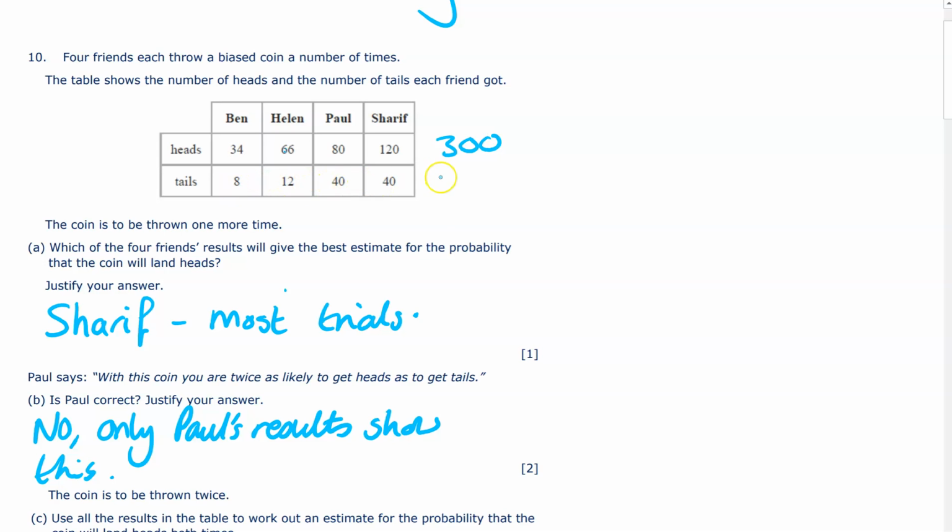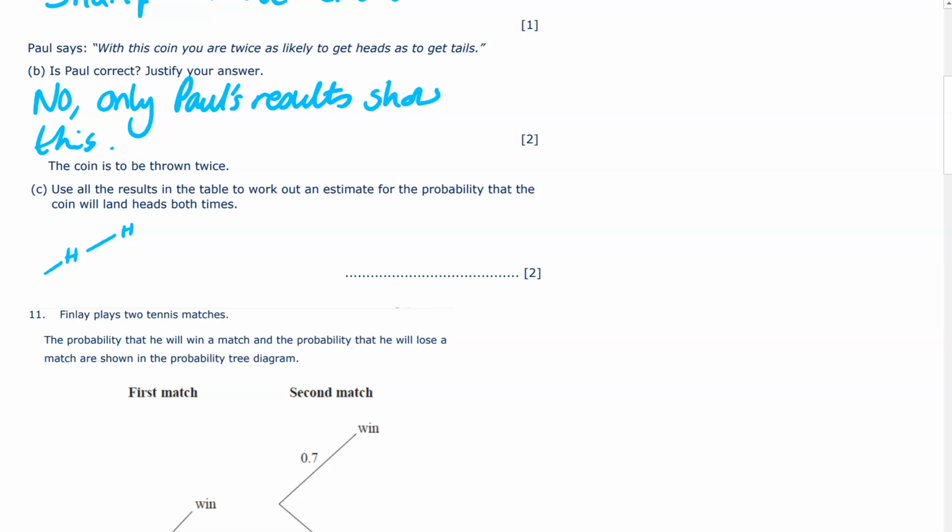And 20, 100 tails. So we did it 400 times. So the probability of heads is 3/4. So we would be doing 3/4 times 3/4, which is 9/16.